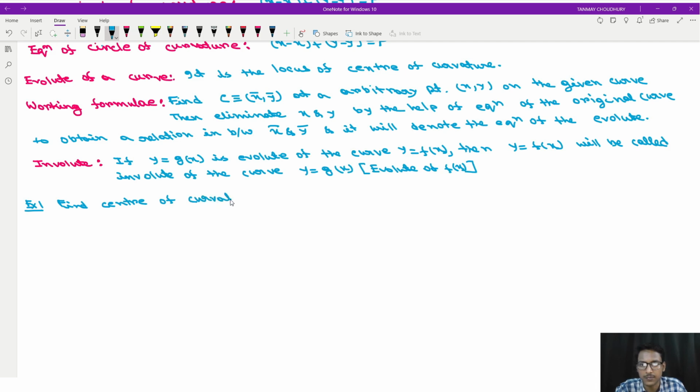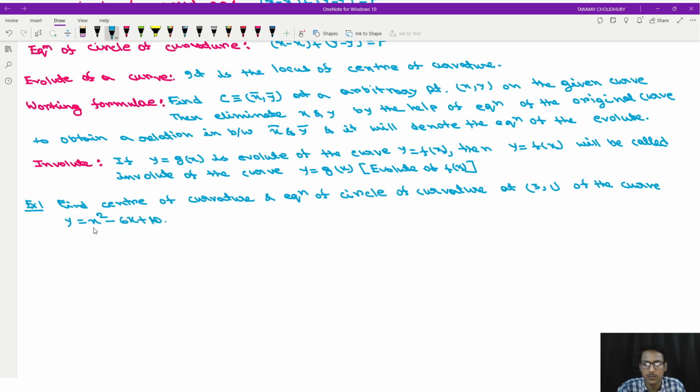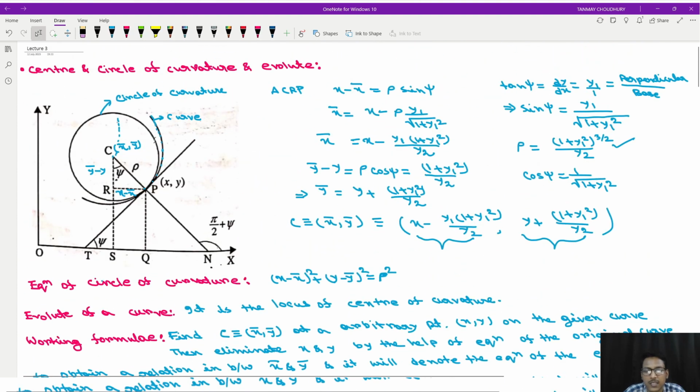Find the center of curvature and equation of circle of curvature at the point 3, 1 of the curve y is equal to x square minus 6x plus 10. So what will be the solution? So we just need these three expressions.